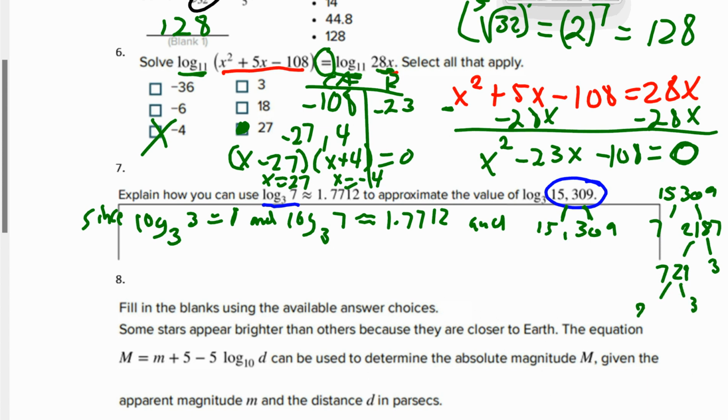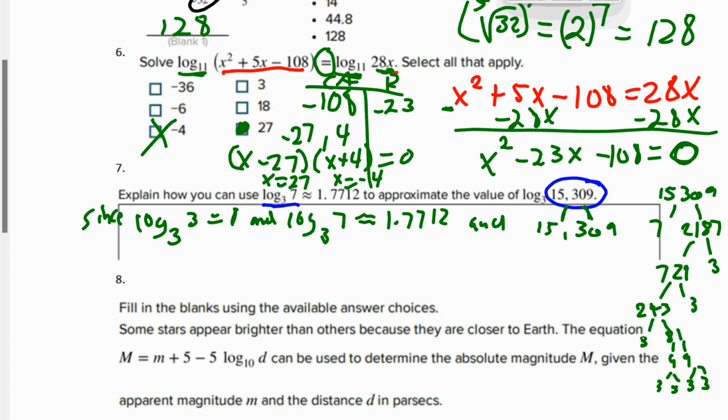It's 243. And that definitely looks like 3 raised to something, like 3 raised to 5. So I can keep on dividing by 3. So 3 and 81. Oh, I know 81 definitely. 9 and 9. 3 and 3 and 3 and 3.